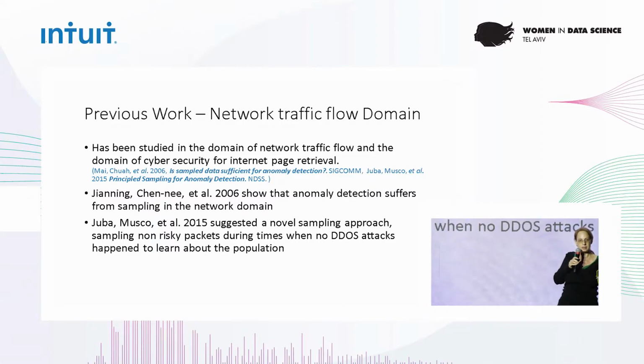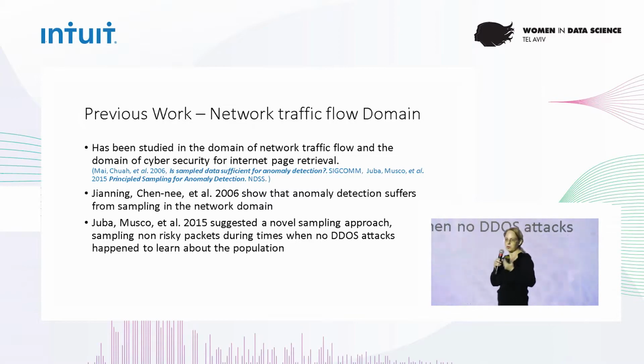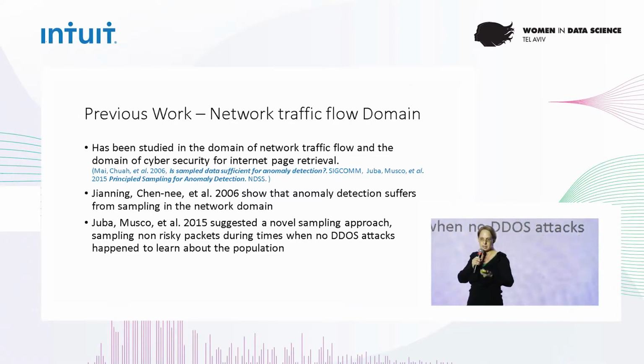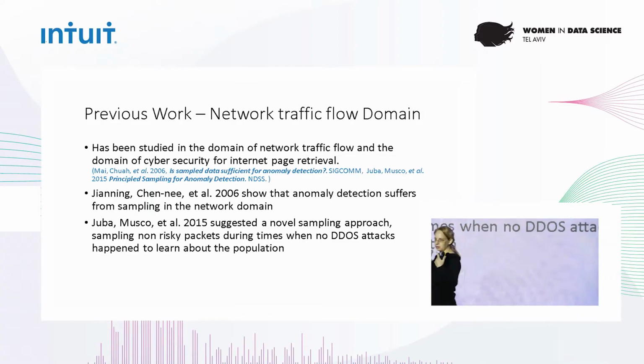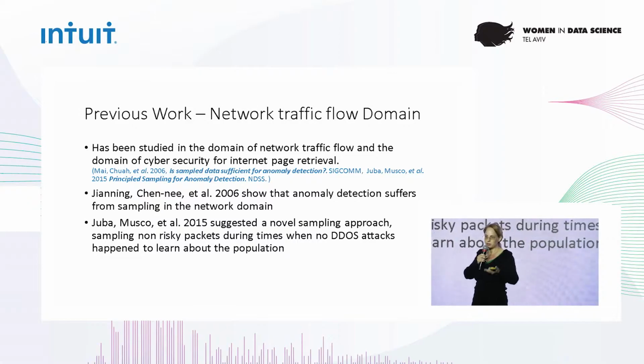Instead of just sampling the small packets that are more likely to be dangerous in denial of service attacks, they said we should first estimate the condition of our system. If our system is under denial of service attack, then definitely we should sample these packets. But if we're not under attack, we should explore and sample the other packets so that we can get to know how our system works.